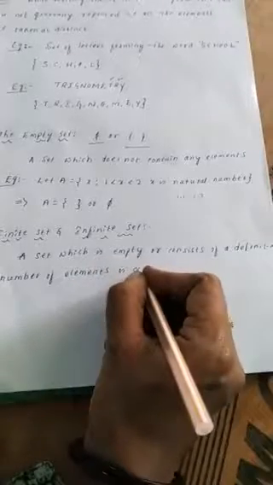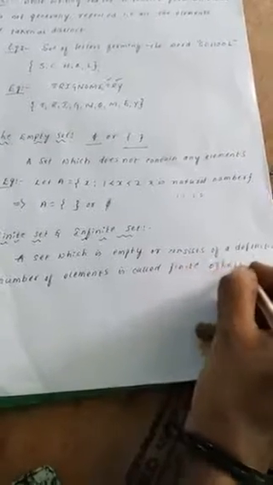The same way for a set: a set which is empty or consists of a definite number of elements is called a finite set, otherwise infinite.